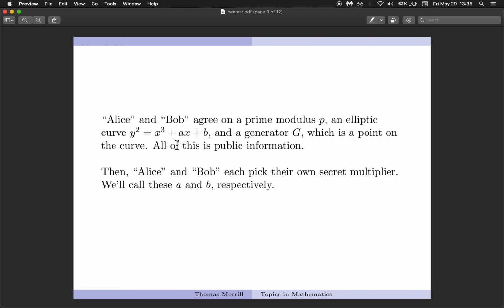So I'll probably change this up for when I post these slides online. But the important thing here is that Alice is not going to actually tell anyone what her multiplier A is. And Bob is not going to actually tell anyone what his multiplier B is.